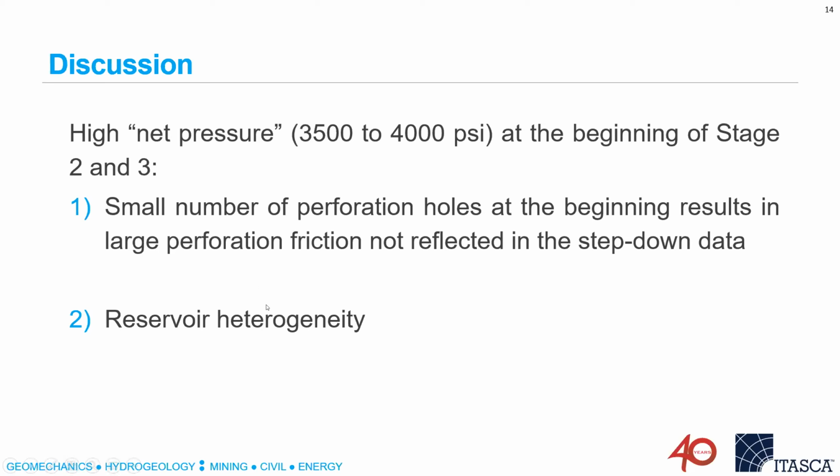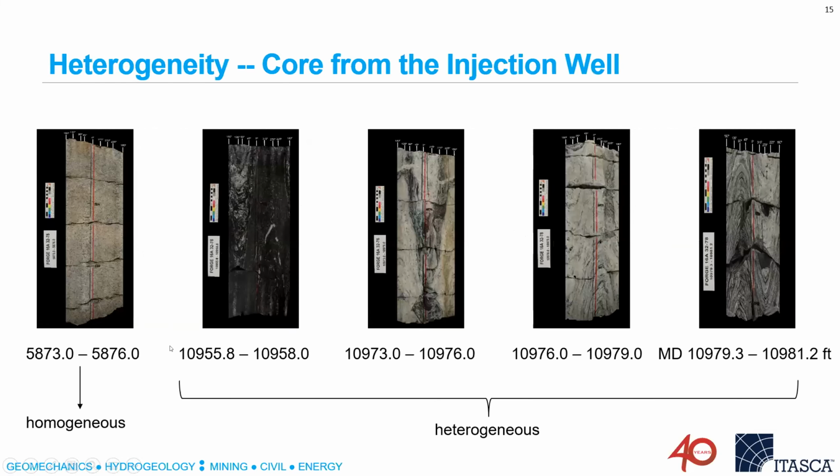Another reason could be the rock heterogeneity. The reason I say that is because we have a core from this well. In some regions it's granite. If you look at the core, in all those regions they are granite, very homogeneous.